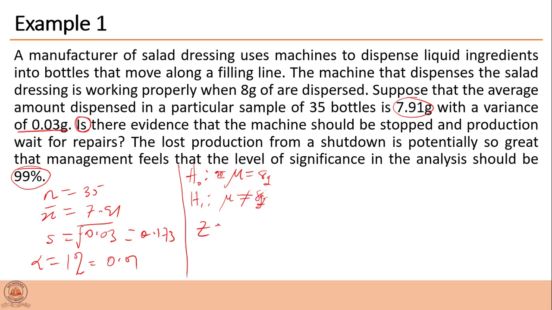Let's have our Z relation: x bar minus mu, all over s divided by the square root of n, where s is our standard deviation, n is our sample size, x bar is our mean, mu is the population mean.